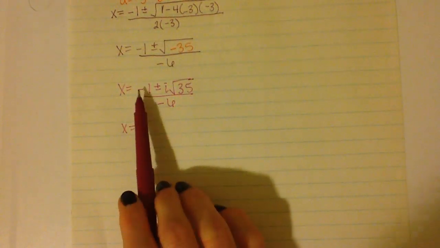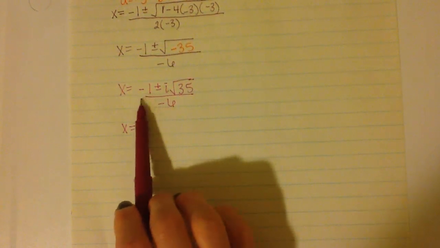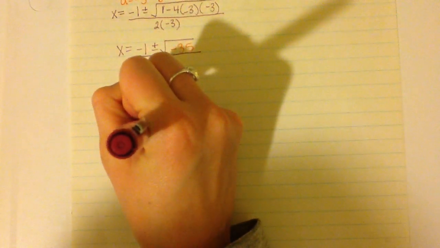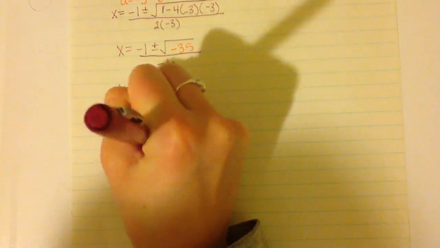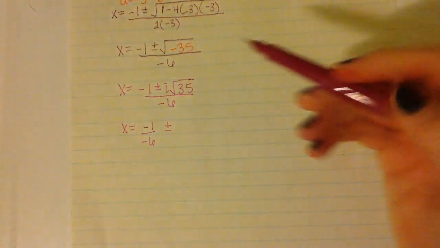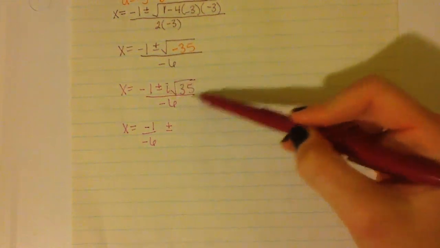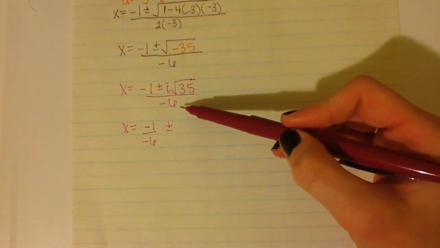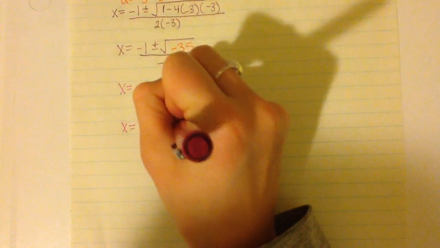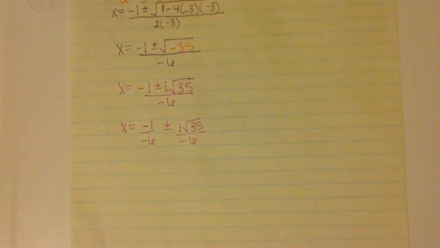So we can split this up. So we have x equals, you have your a over c, so your negative 1 over negative 6, plus or minus, and we have our b over c. So we have i radical 35 over negative 6.